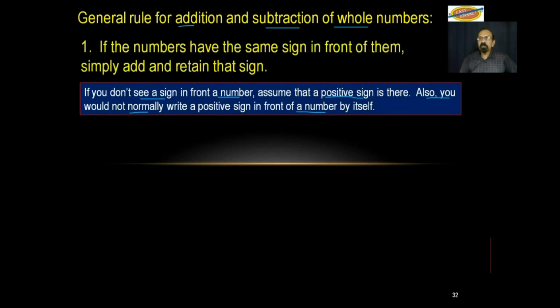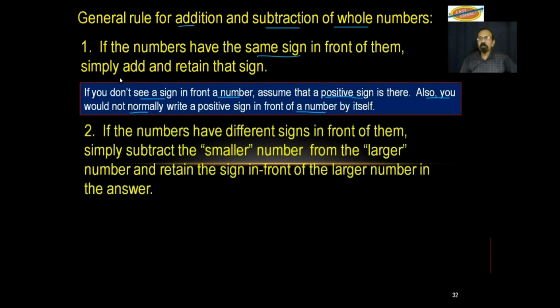So if the numbers have the same sign, two positive or two negative, what do you do? You add them, as we will see just now, and retain the sign. And if the numbers have different signs, what do you do? You subtract the smaller number, smaller there in quotation marks, from the larger number, and you retain the sign in front of the larger number for the answer.